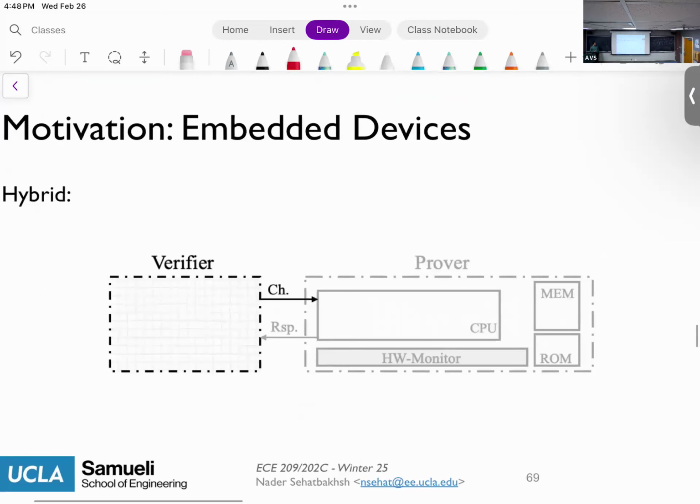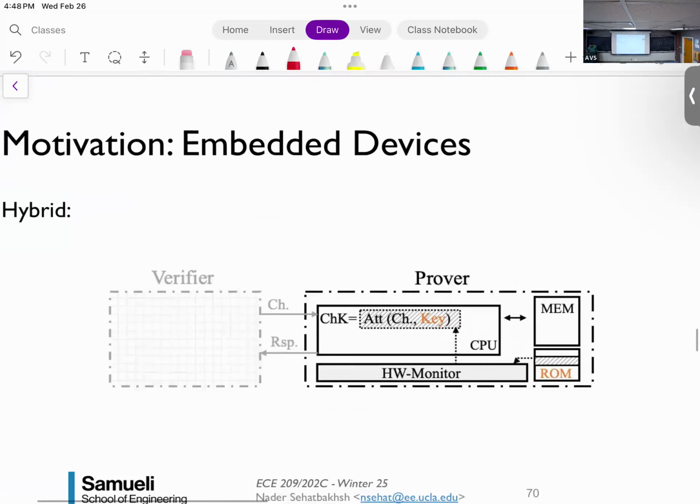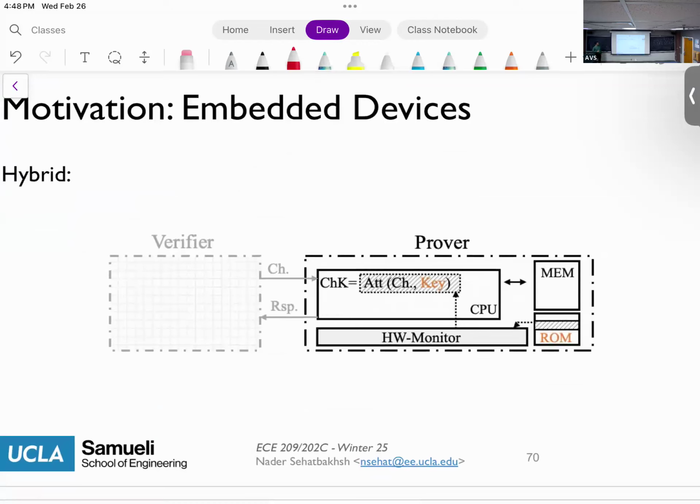In hybrid attestation, you have essentially two pieces of memory. You have a ROM that has your software attestation code. Since it's in the ROM, you no longer need to check the attestation code. And then you add this hardware monitor that checks the behavior.